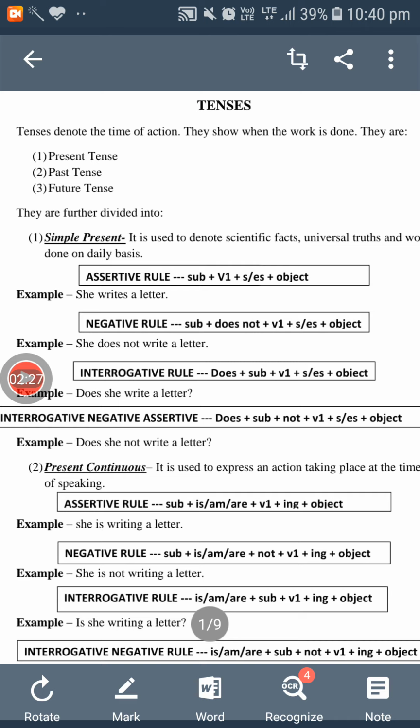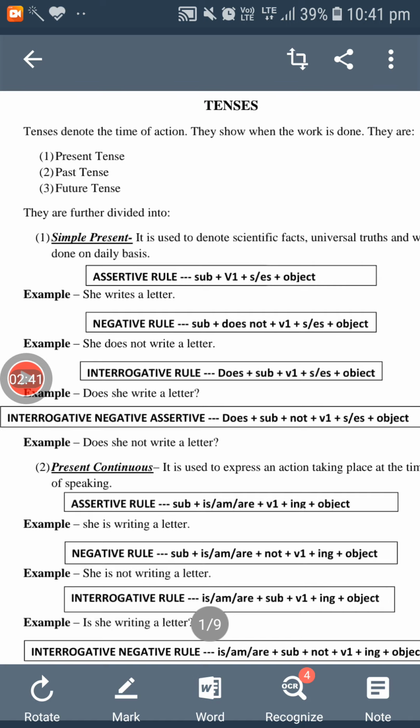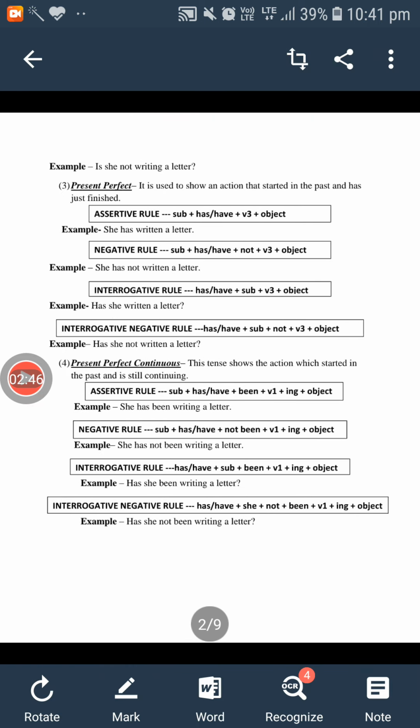Then we can also make a question, or interrogative sentence, by using the helping verb is, am, are plus subject plus verb first form plus ing plus object. So this is about the present continuous tense.